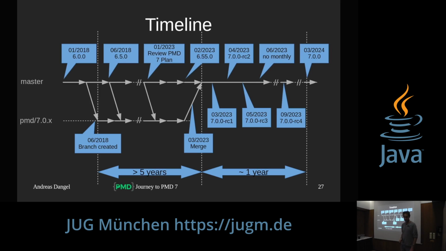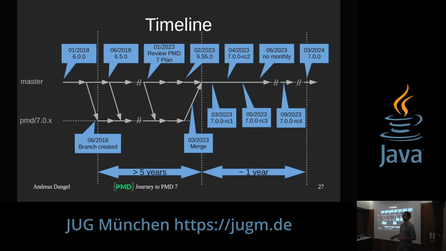PMD 6 was released at the beginning of 2018, and half a year later we created a branch for PMD 7 and started basically fresh, with an enthusiastic new version. And this is the first part, around 5 years, that went by.